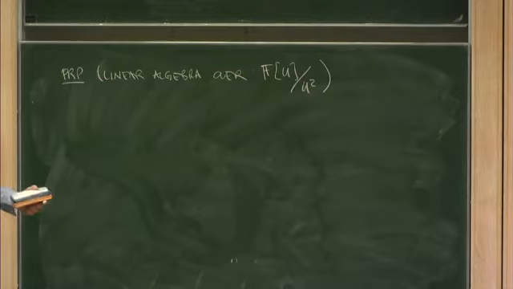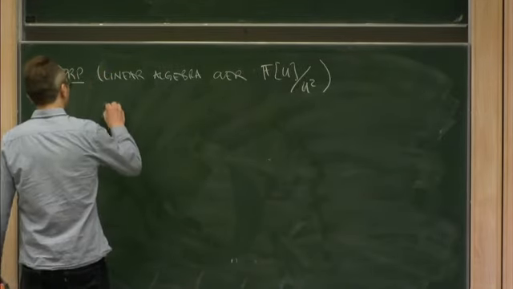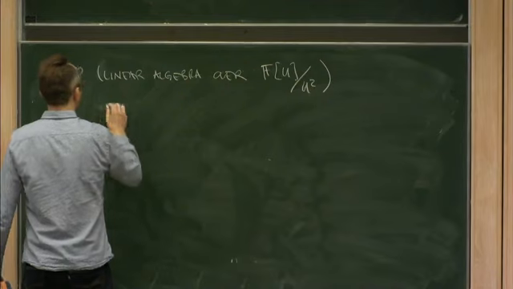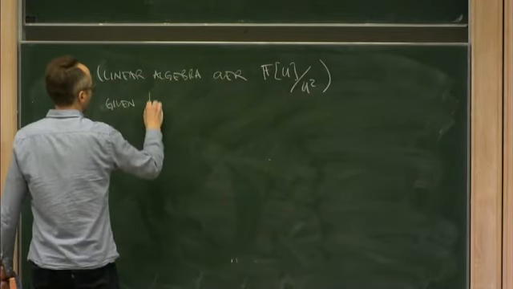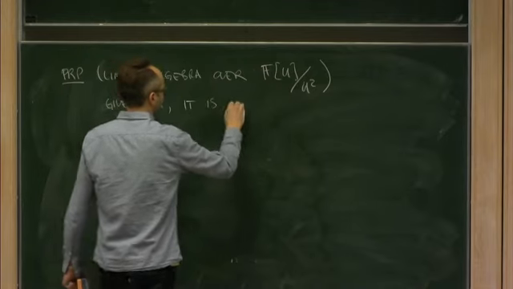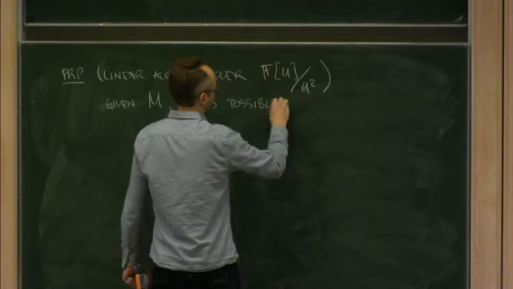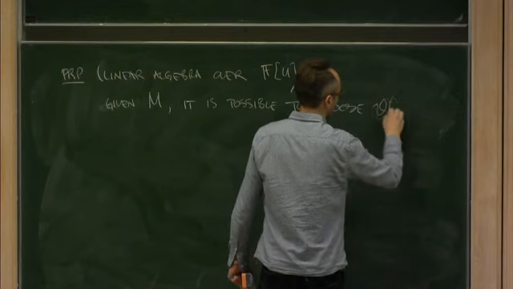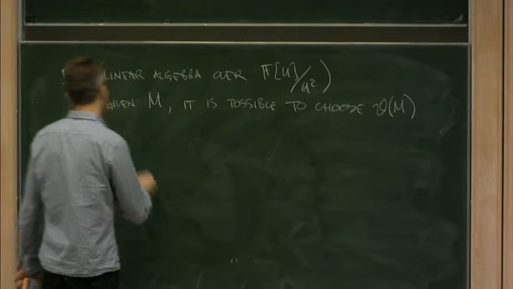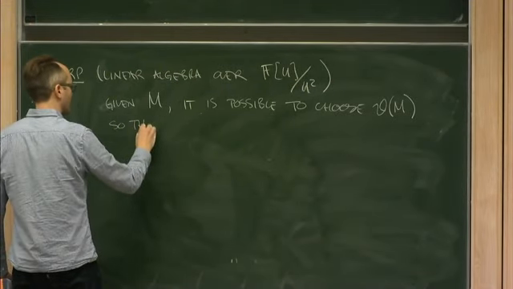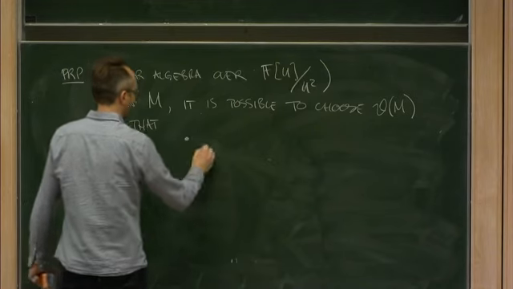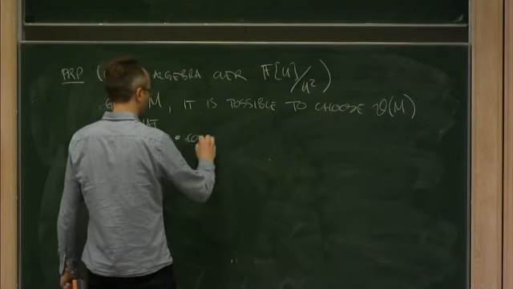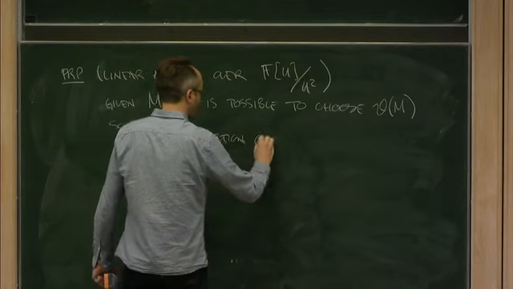And you need to use the fact that I have this extension. So when given M, it is possible to choose this train track of M so that first of all I get some collection of immersed curves.